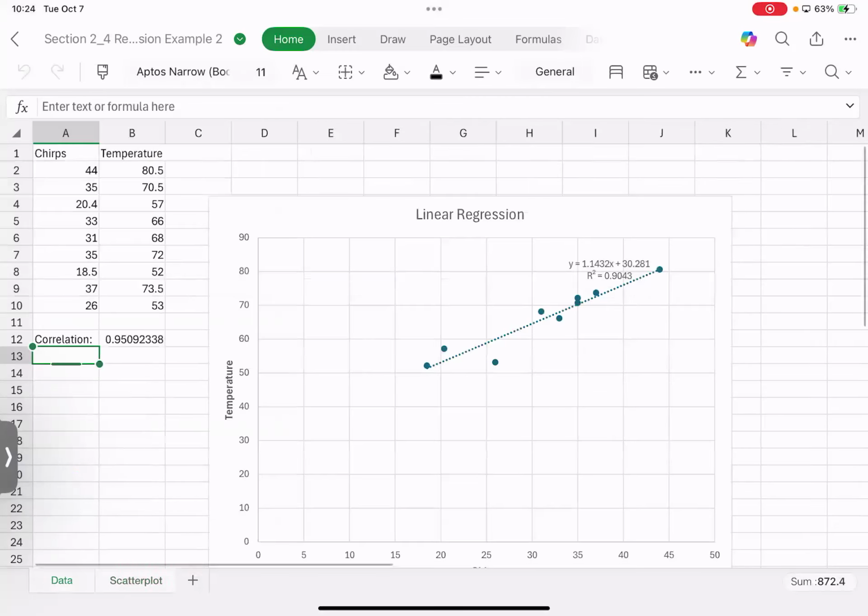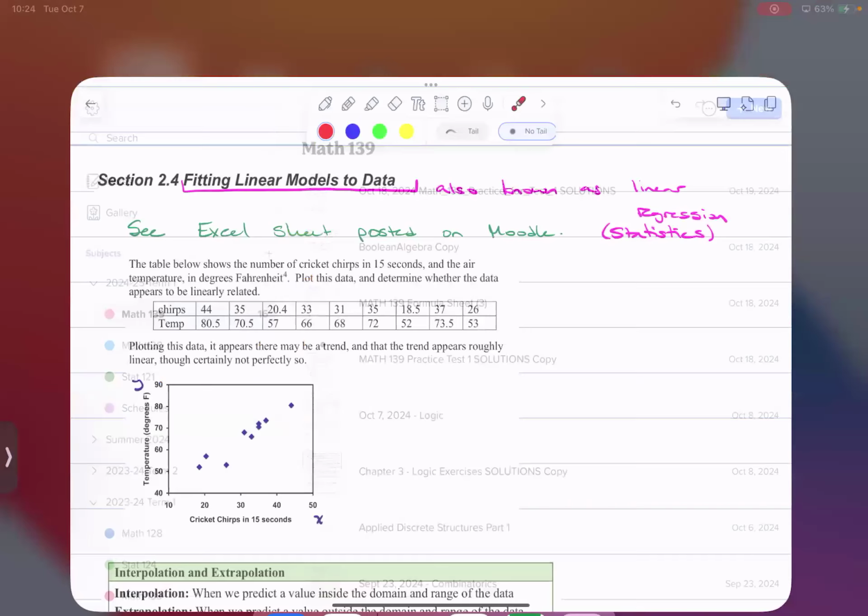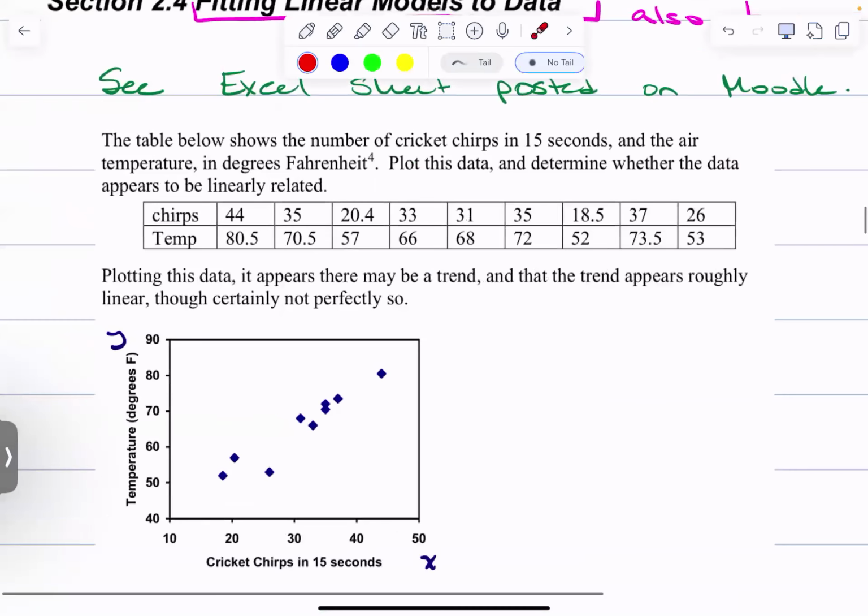We've got the data, and then I've made the scatter plot. So what's this example about? The table below shows the number of cricket chirps in 15 seconds and the air temperature in degrees Fahrenheit. Plot this data and determine whether the data appears to be linearly related.